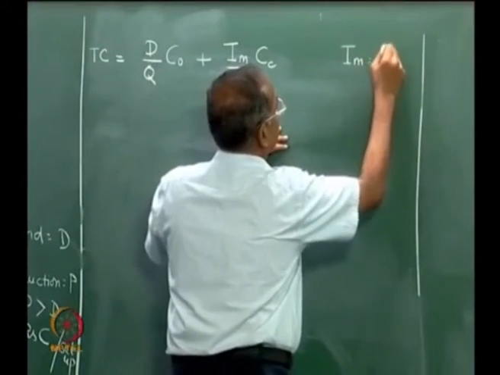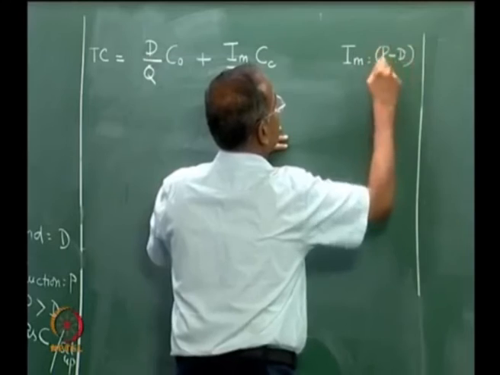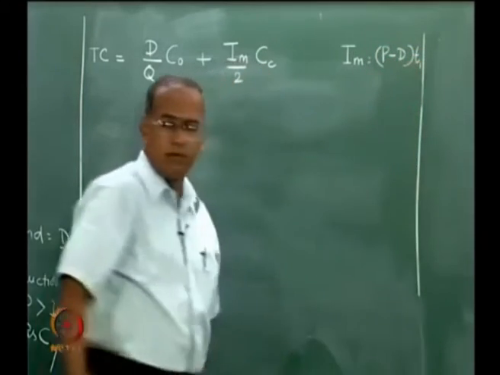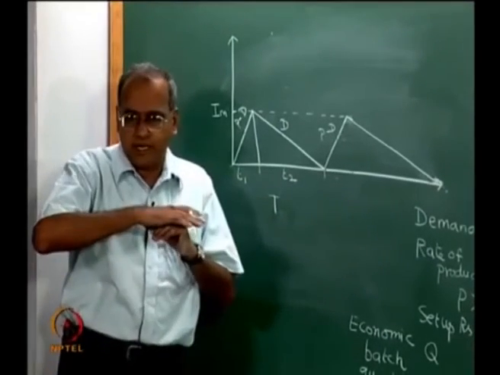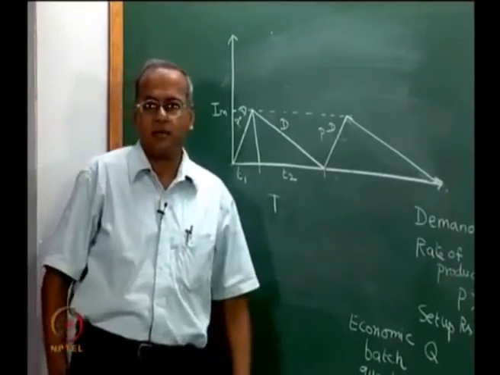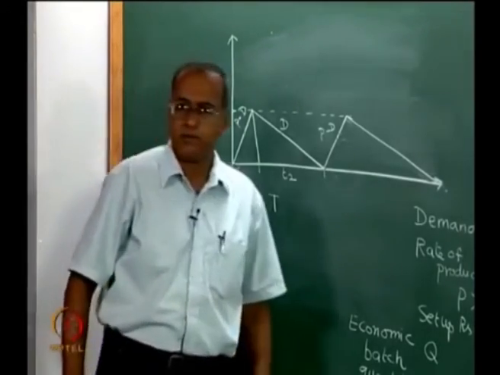T1 is the time period for which we produce, inventory is building up at the rate of P minus D. So, IM is P minus D into T1.